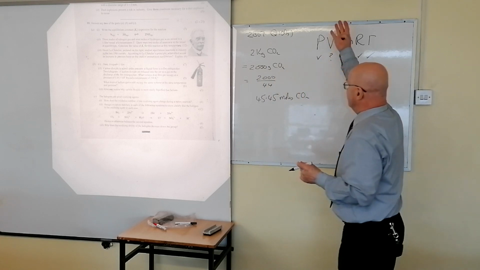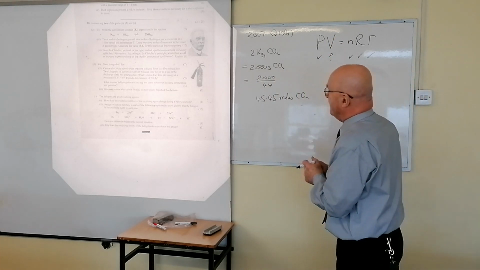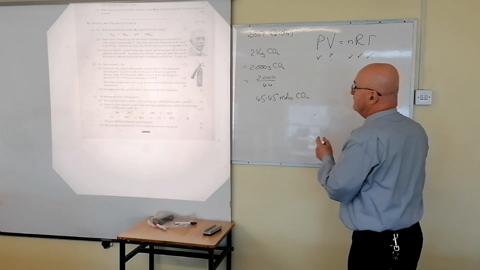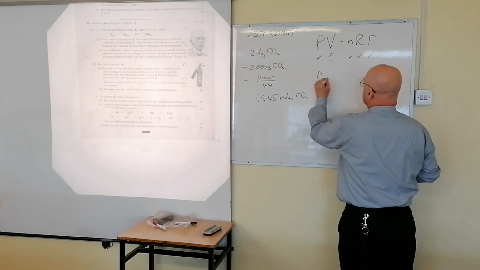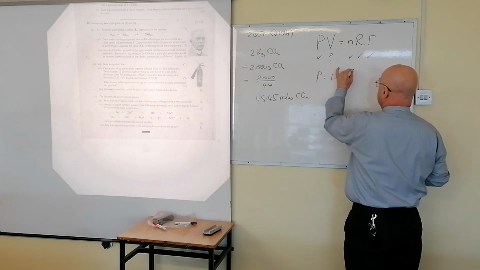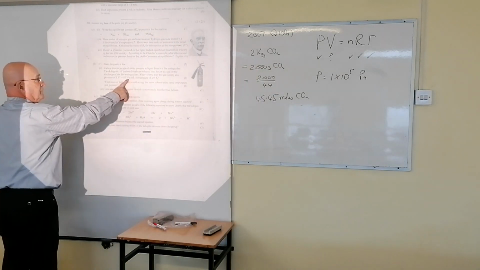Okay, now always list your data. You'll eliminate error when you do that. That's not a waste of time. So I'll start there. I see the pressure happens to be 1 by 10 to the power of 5. P equals 1 by 10 to the power of 5 pascals. That's a metric unit already.